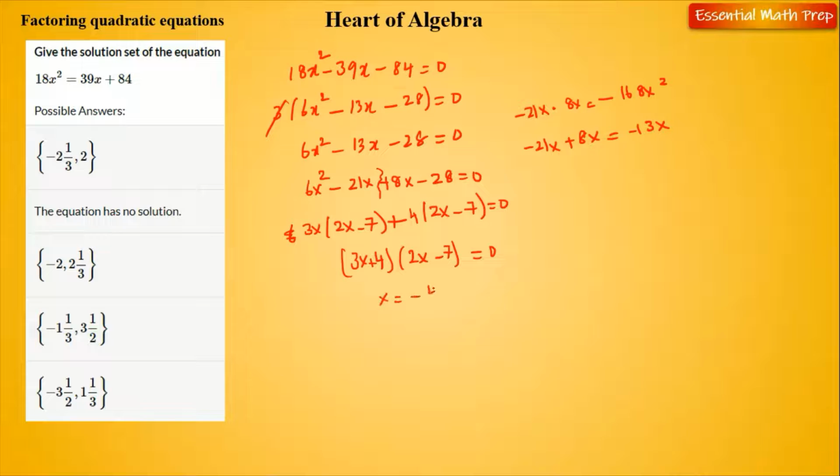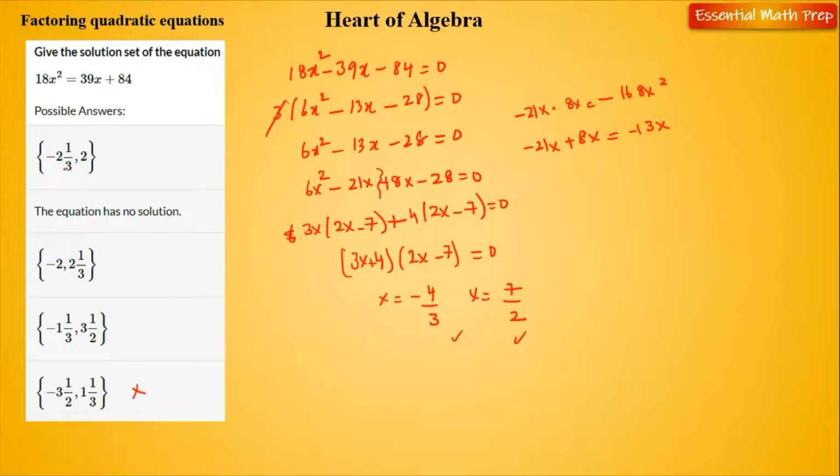X equals negative 4 over 3. X equals 7 over 2. All you have to do is figure out which one will give you these two, right? This would be negative 3 times 2 is negative 6 plus 1 is negative 5 over 2. So this can be right. This would be negative 3 plus 1. That won't work either.